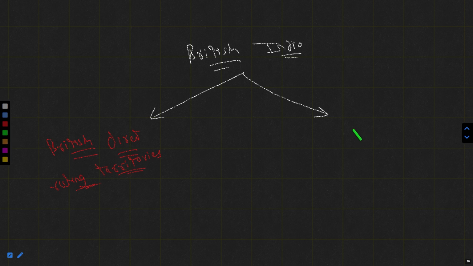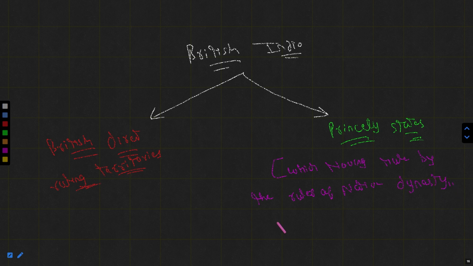Another area is the princely states, which were ruled by rulers of native dynasty, but under the paramountcy of the crown.